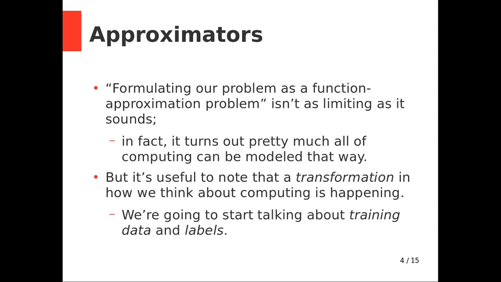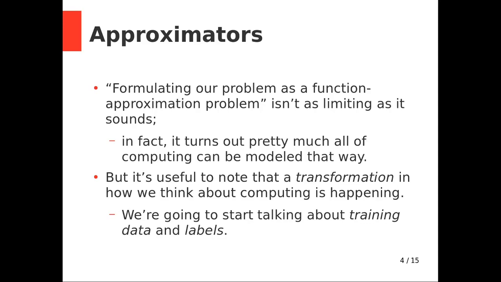All right, so formulating our problem as a function approximation problem isn't as limiting as it sounds, right? It turns out you can model all of computing that way from a certain perspective. But it's useful to note that a transformation in how we think about computing is happening.